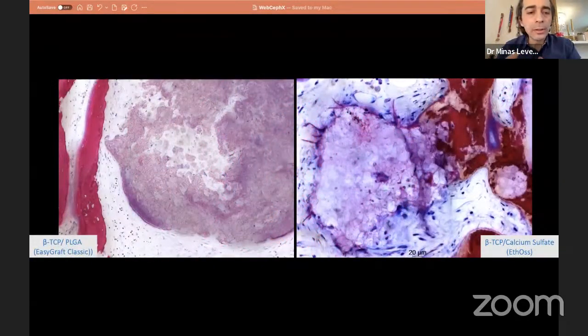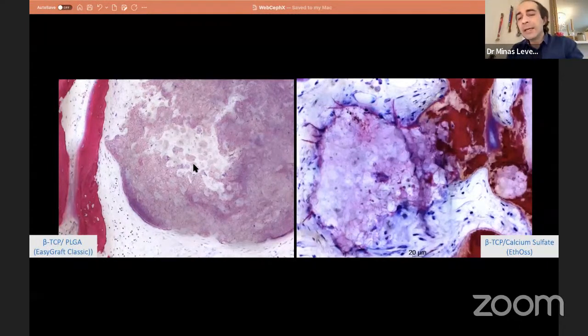The most important thing when we use such kind of materials is that we want those materials to dissolve. So chemically, when we implant the bone graft into the human tissue, after a few weeks, the particles, as we can see in those very nice histological pictures, they start to dissolve, they break down.